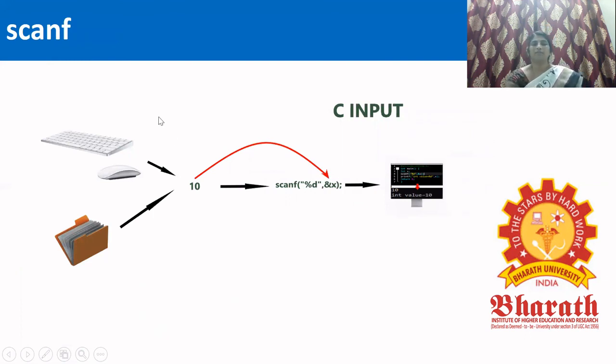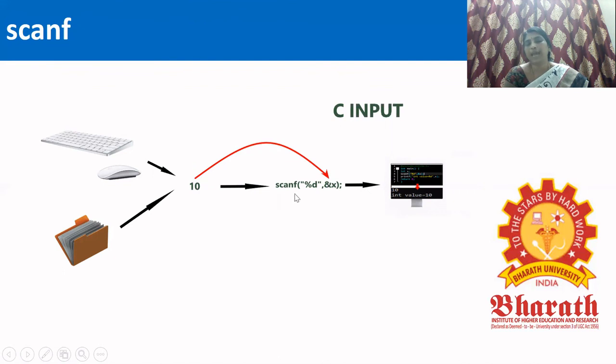Let us discuss first the C input, how the C program receives the input. One of the important functions is scanf. This scanf receives data from the keyboard. When we enter data from the input device, how do we need to give it?